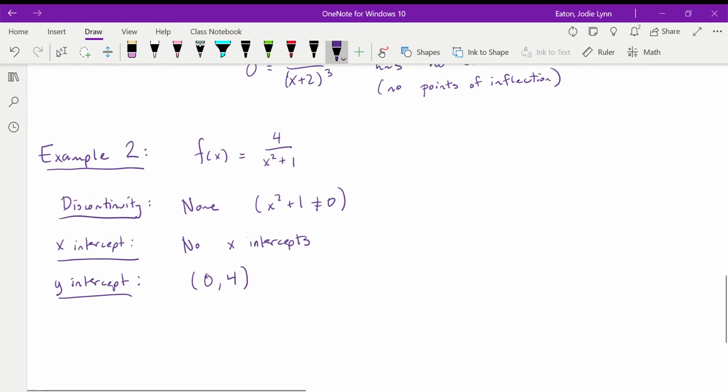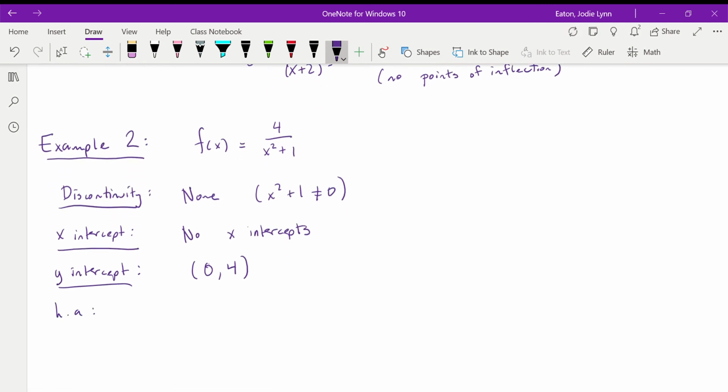Okay, horizontal asymptote, and I'll actually write that out. I'm going to take the limit as x approaches plus or minus infinity, shouldn't matter, of 4 over x squared plus 1.